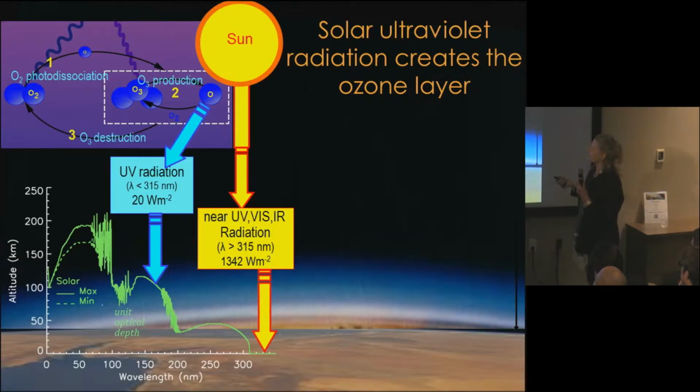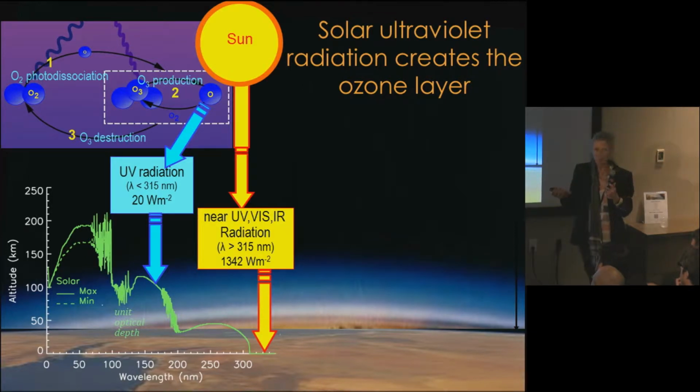So just to describe that a bit better, most of the sun's radiation at wavelengths above 315 nanometers comes down to the surface and troposphere. So that's what causes the traditional climate change as you think of climate, or at least a very small part of it, which I'll show you. The ultraviolet radiation gets absorbed in the atmosphere, and that's because the sun's radiation itself breaks apart oxygen to form atomic oxygen, which combines with oxygen to form ozone.